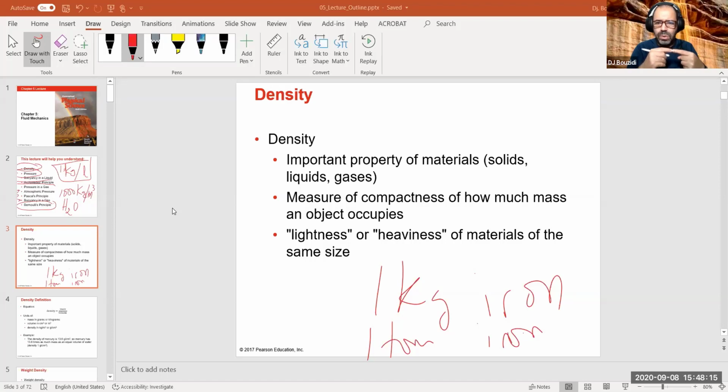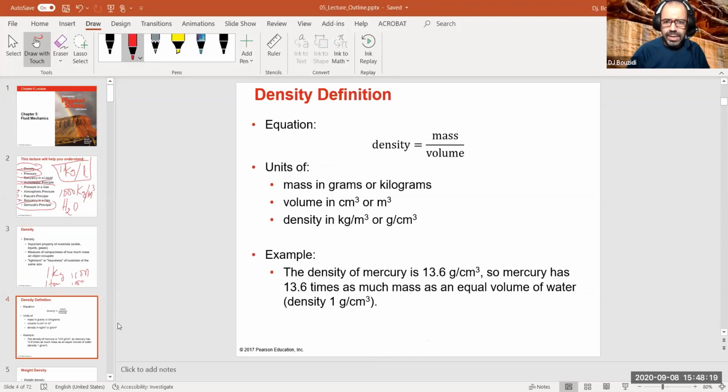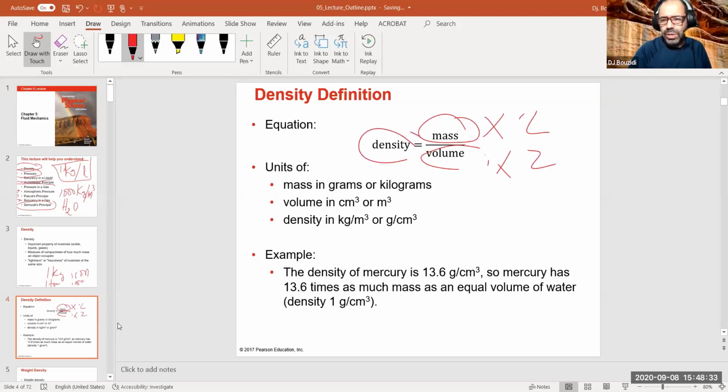The definition of density, again, is mass over volume. You double the mass, the volume doubles at the same time. So if you multiply this by 2, this one also goes by 2, and this number doesn't change. The density is a property of an object.